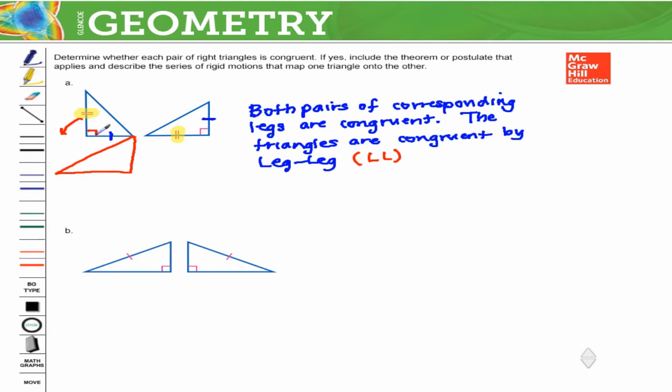So our 90-degree angle ends up here, the base with 2 marks, and then the base now becomes the altitude.